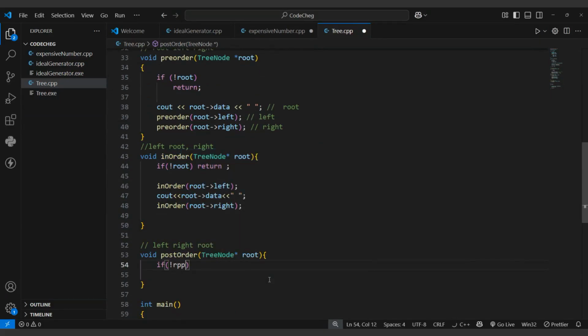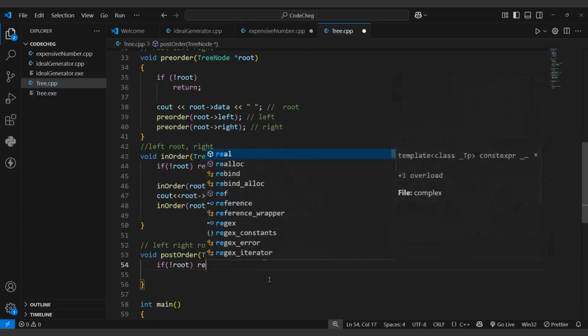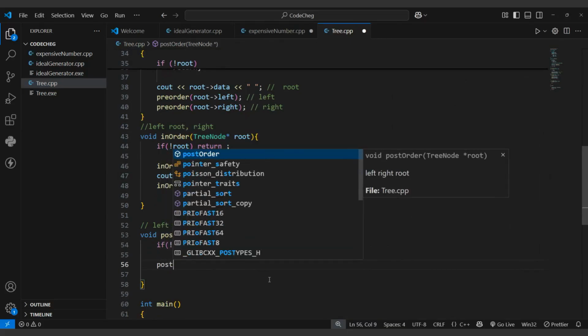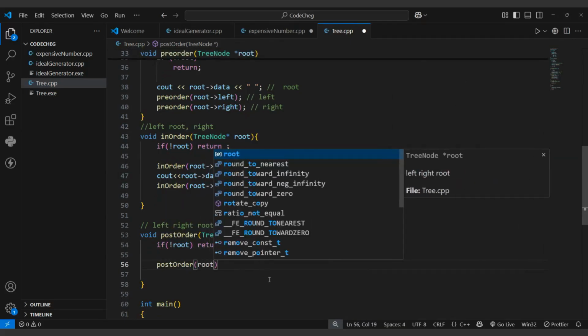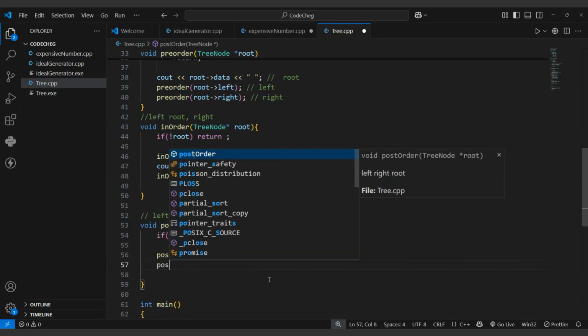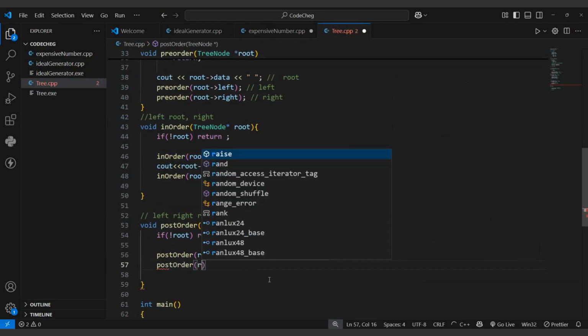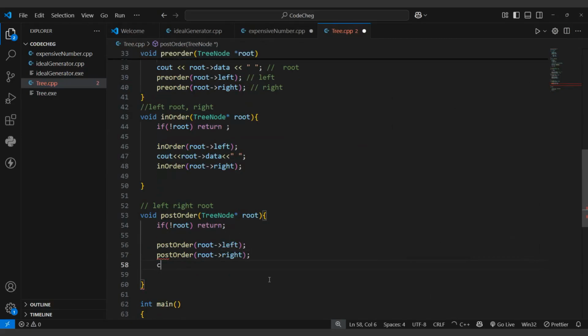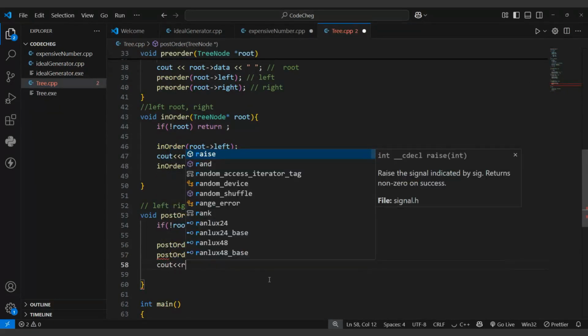And if I want to print the post-order, do the same stuff. If root doesn't exist, return. Otherwise, go to the root's left, go to the root's right, and print the root's data.